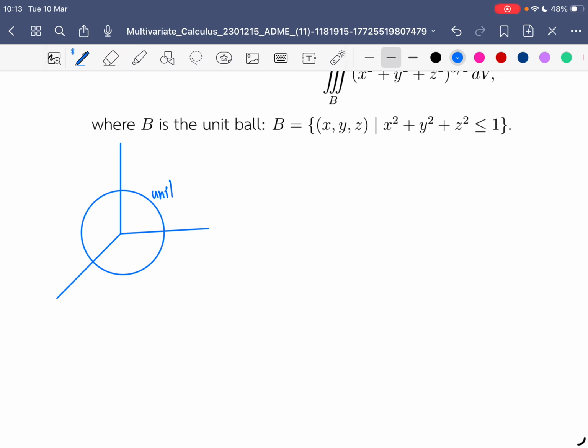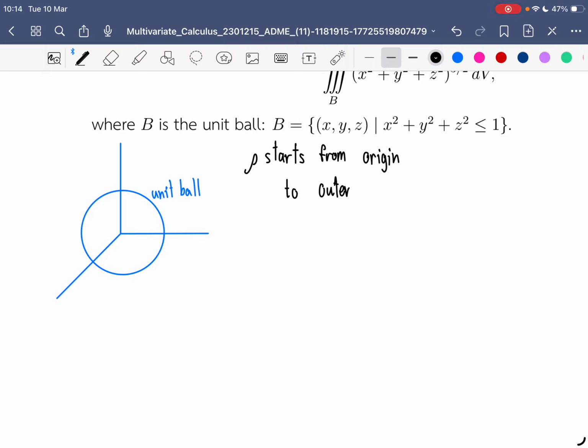So rho starts from the origin to the outermost surface. It's radiating from the origin to the outermost one.